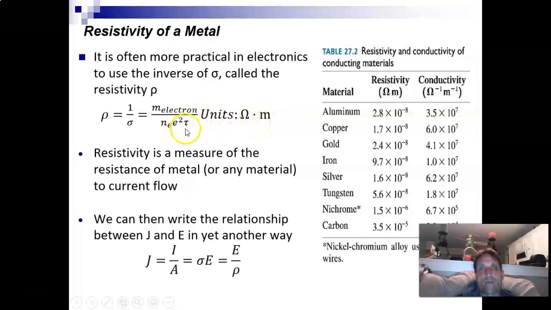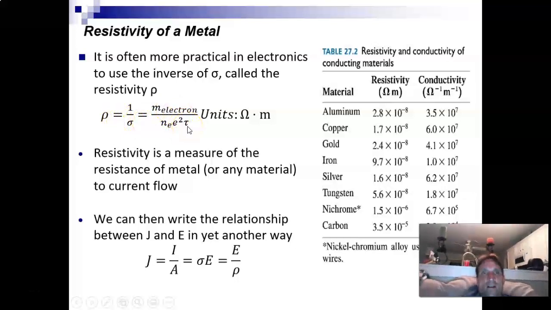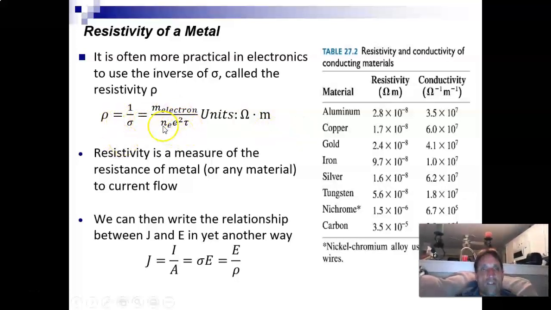And you see here that the big variable influencing the resistivity is the time between collisions. If there's more time between collisions, there's less resistance to flow. If there's less time between collisions, meaning smaller tau, there's more opposition to flow. It also depends inversely on how many electrons are free to move around per volume.